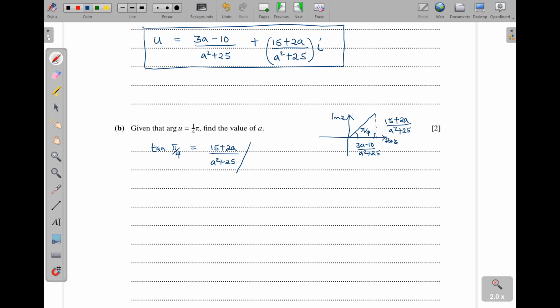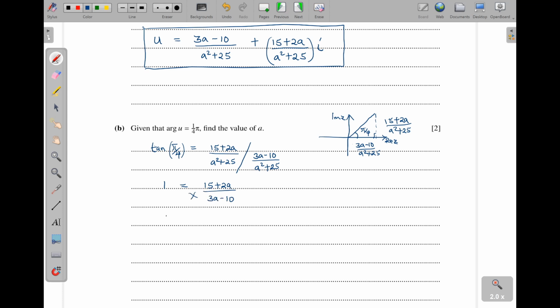Then we shall divide by the real part, which is 3a minus 10 out of a squared plus 25. So this one will somersault, and we shall see that this one cancels with that. So first of all, tan of pi over 4 is 1. So we shall get (15 plus 2a) out of (3a minus 10).